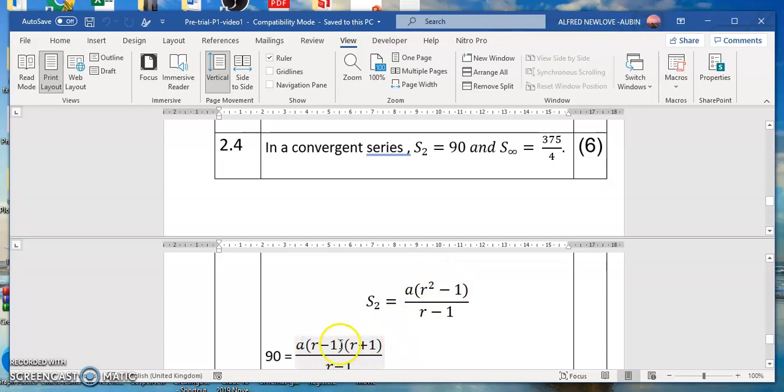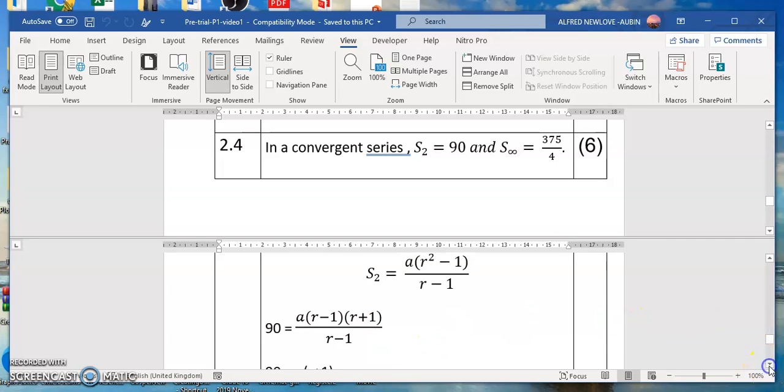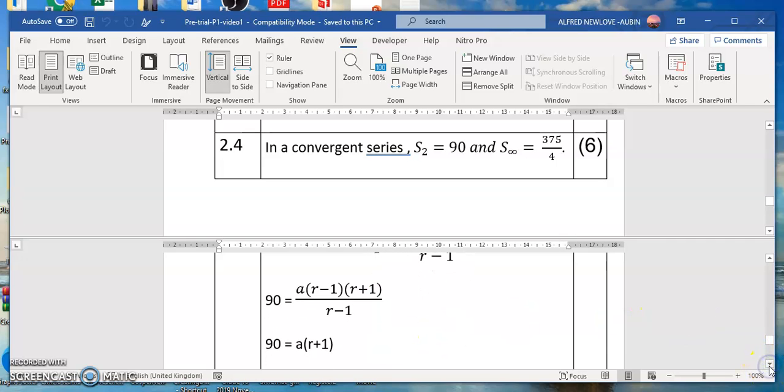So we can write it in this form: r minus 1 times r plus 1. The r minus 1 will remain in the denominator, then r minus 1 are going to cancel out. So it's going to remain r plus 1.